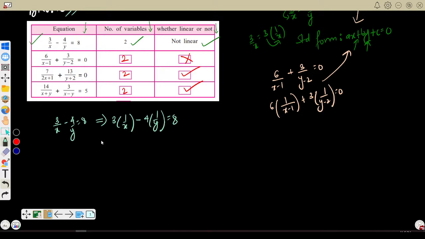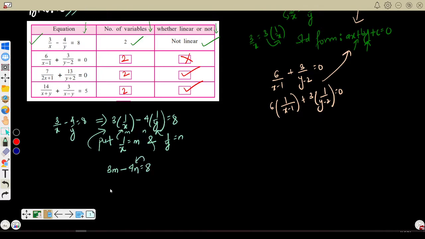Of course, we can write this. In this particular example, if I put 1 upon x as m and 1 upon y as n, then what will happen to the equation? The equation will be modified. Instead of 1 upon x, I will write m, and instead of 1 upon y, I will write n. So the equation will be 3m minus 4n is equal to 8.